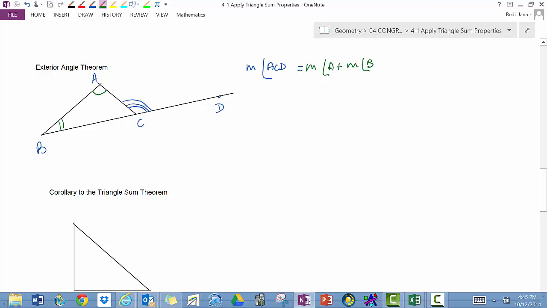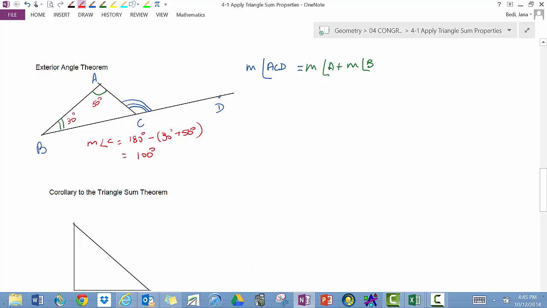Let's take an example and see how this works. So let's make up some numbers. Let's say this is 30 degrees and this is 50 degrees. Well, then the measure of angle C is 180 degrees minus 30 degrees plus 50 degrees. So the measure of angle C is 100 degrees.